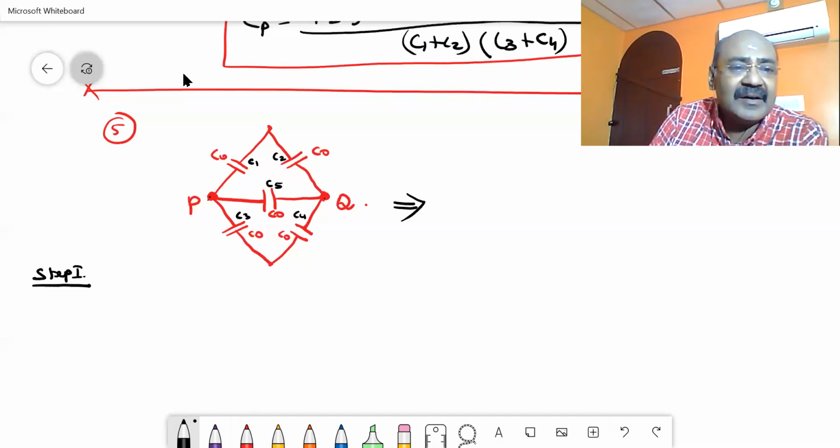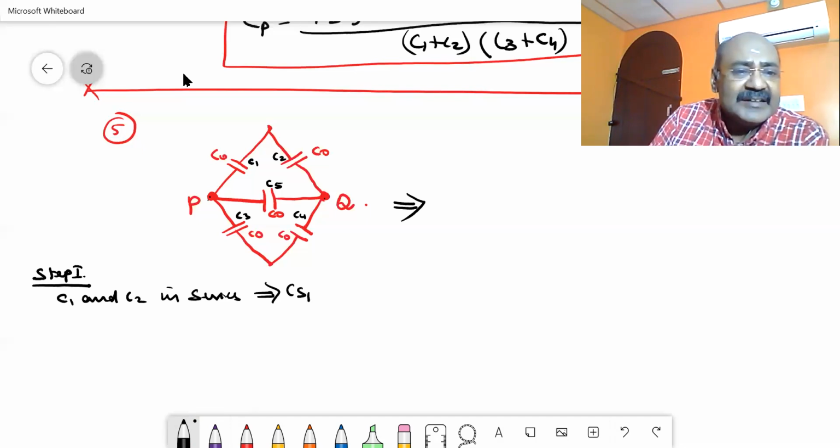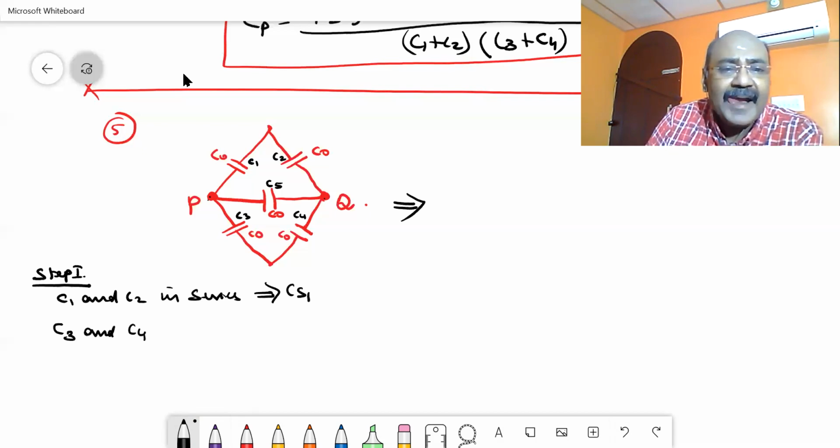We can write this value as CS1. Similarly, let us consider C3 and C4 in series, and take it as CS2.